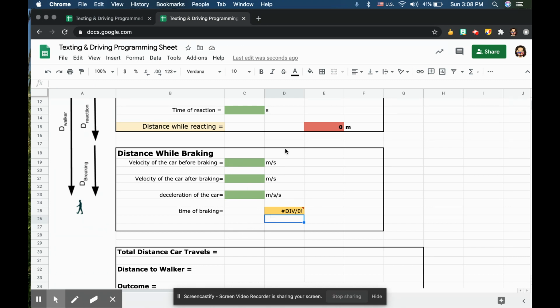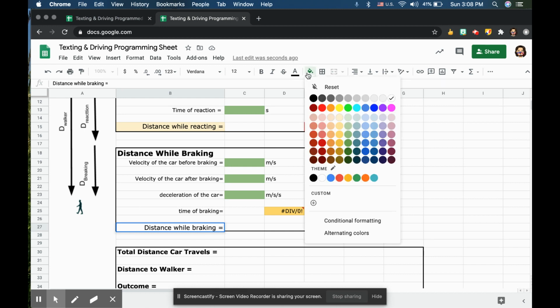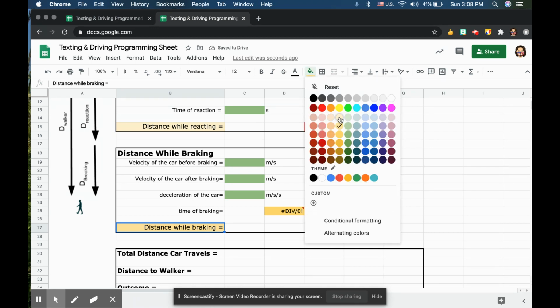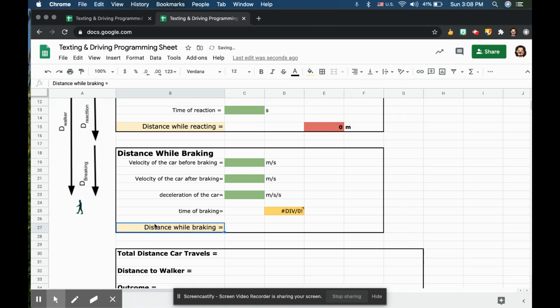The last piece of the puzzle for this chunk is to actually figure out the distance. So distance while braking. Okay, just following the same color code as I did up top, changing that cell color. Oops, that's a little dark. Okay, so this is in B27. That's where I just wrote distance while braking.